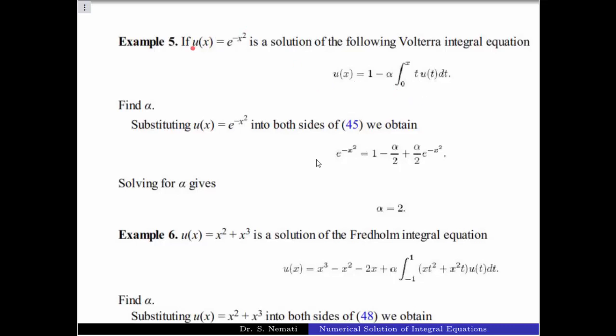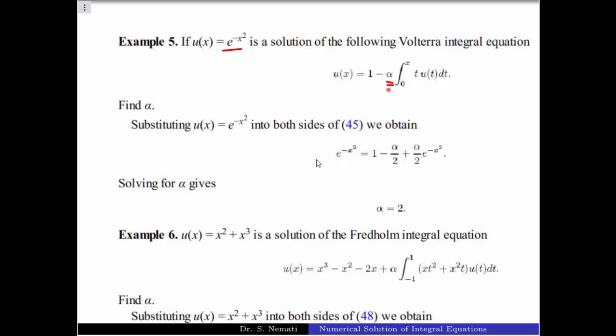Then we are supposed to find the constant alpha. So we have to find alpha such that this function is a solution of this Volterra integral equation.